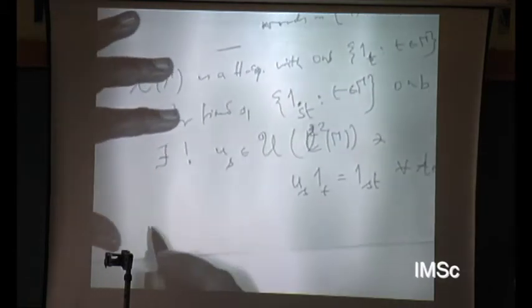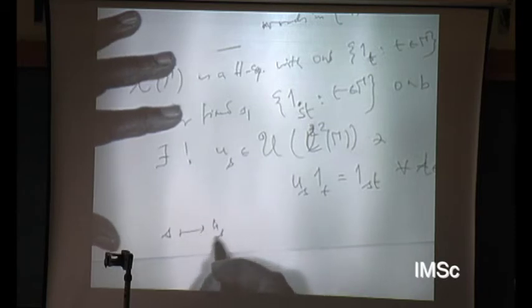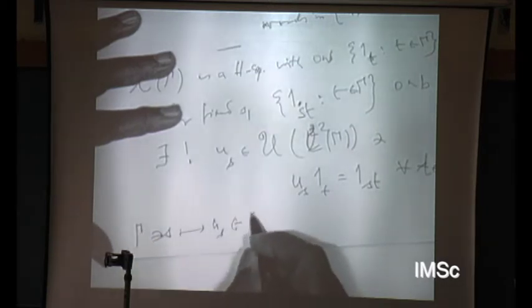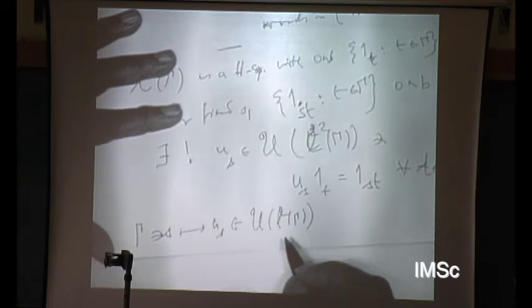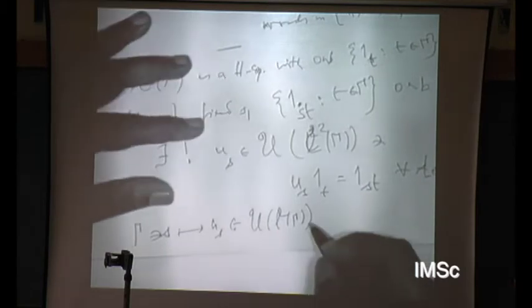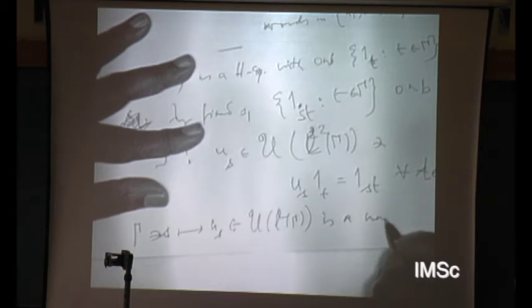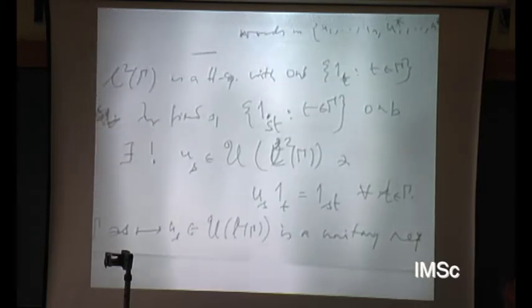And the thing to note is that S going to U_S is a group representation. This is what is called a unitary representation. A unitary representation of a group is by definition a homomorphism from the group into the group of unitary operators on some Hilbert space.